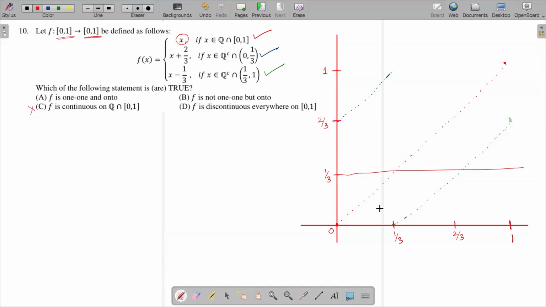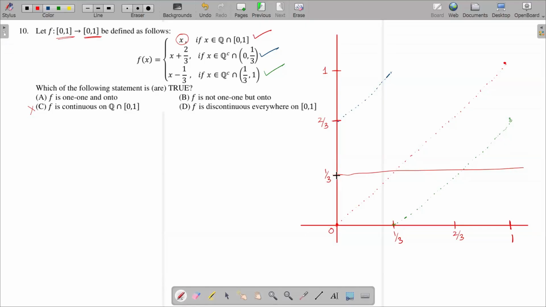See, the problem is, on this line there will be irrationals. If x is irrational, x minus 1 by 3 is going to be irrational. So these points that we have plotted are all irrational numbers.